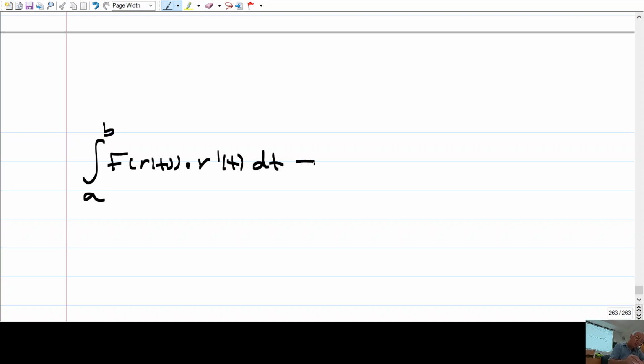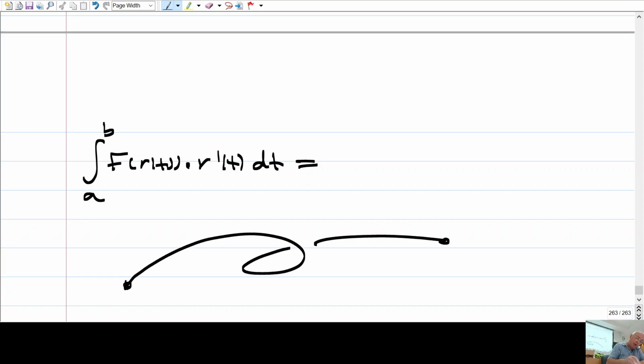So this is the total work done by the force F pulling this point particle along this path, right? So this is the tangent direction, and this is your force. Okay.